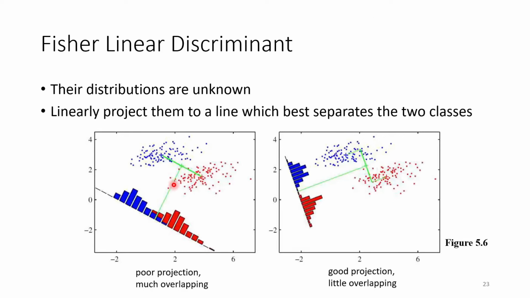Let's look at it. You have a set of data, and you try to project it somewhere. In the Fisher linear discriminant, we try to project the data onto a line which can separate the two groups of training data.